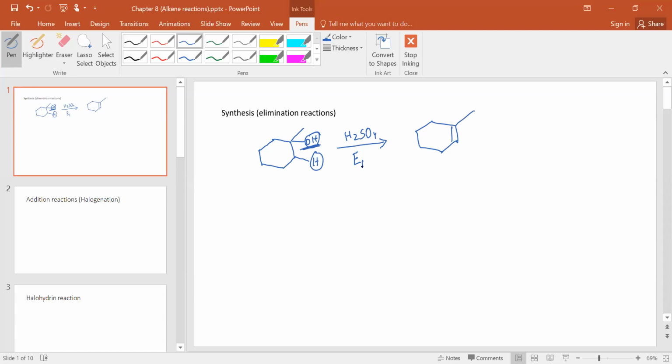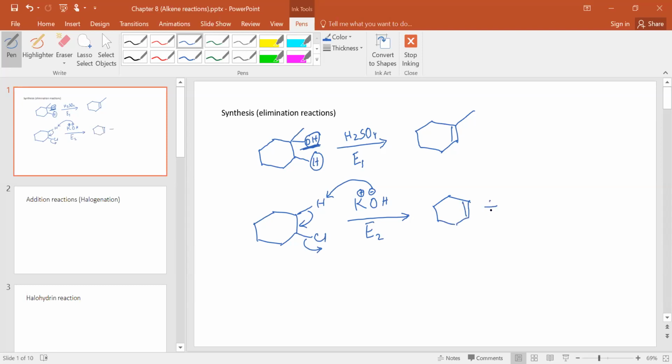And another important reaction: if you take an alkyl halide and you take a strong base, let's say potassium hydroxide, it takes this proton and chlorine will leave, and this happens via the E2 mechanism.